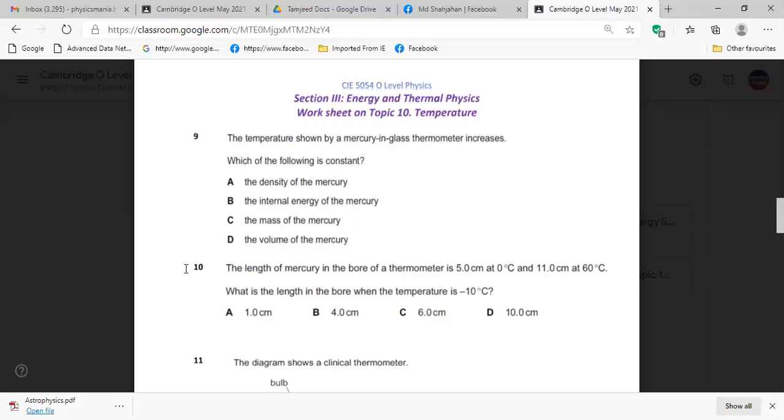But the mass remains the same, right? If you are not taking in or taking out any mass, will there be any change in mass?